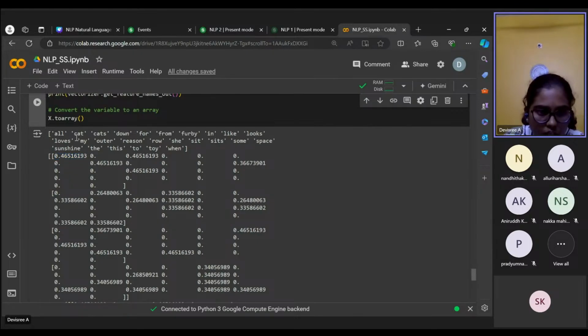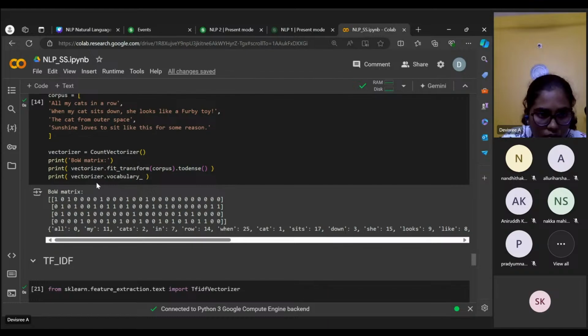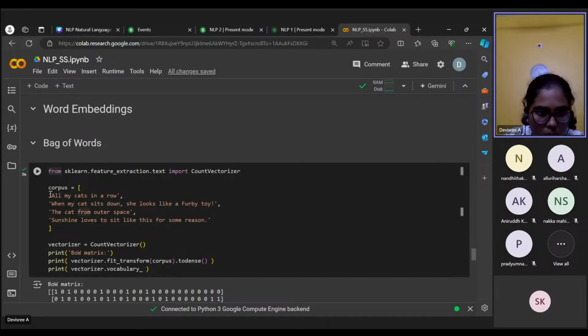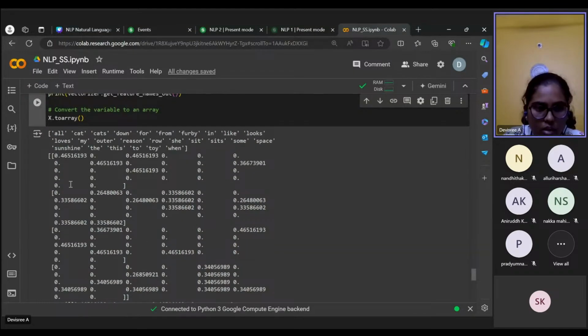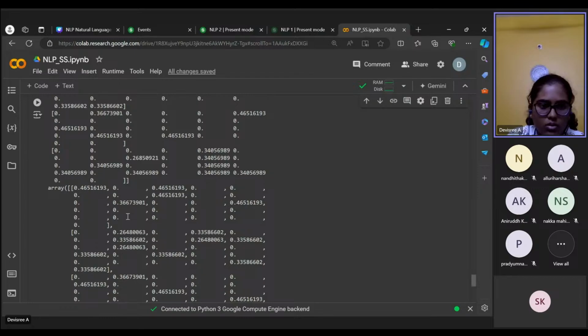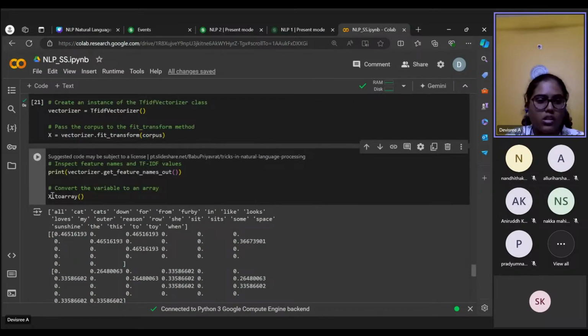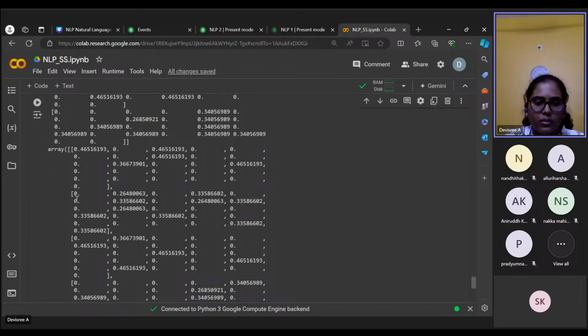And then for cat, it is 0. For cats, it is this. This is one list over here, as you can see. This is for the first sentence. Similarly, for the second sentence, third sentence, fourth sentence. So this is the entire matrix. The function x.toarray just converts it to an array.